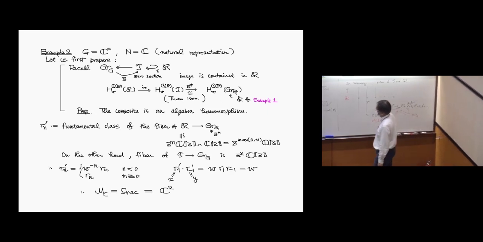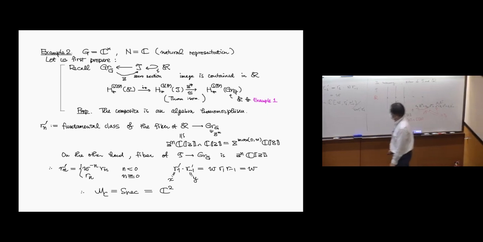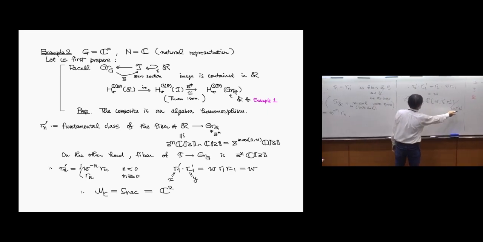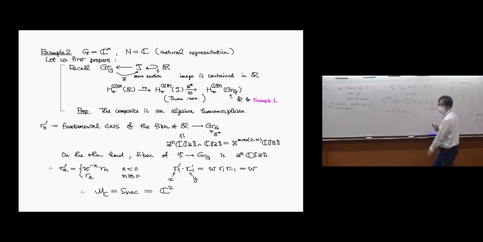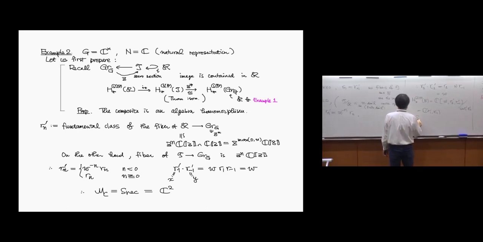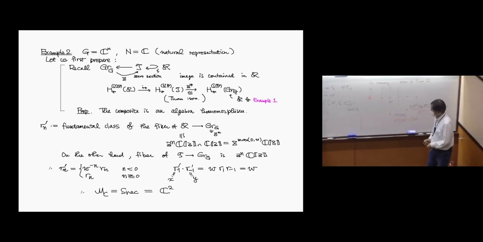Then it means that you don't need the W. You can remove W from this. So this is a polynomial ring in 2 variables. Therefore, the spectrum is equal to C2. So this is the computation of the Coulomb branch.